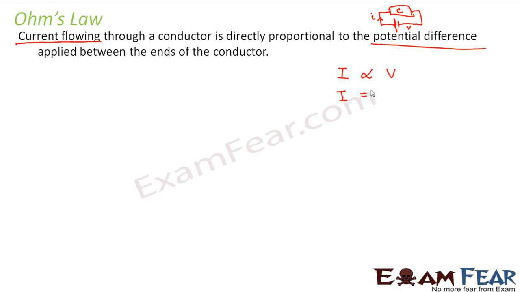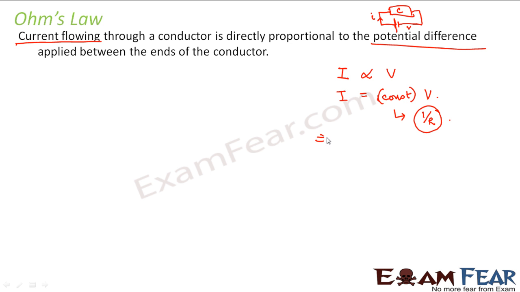The proportionality can be converted to an equality with the introduction of some constant. This constant is 1 by R, where R is the resistance of the circuit. What resistance is, we will study in the next slide.